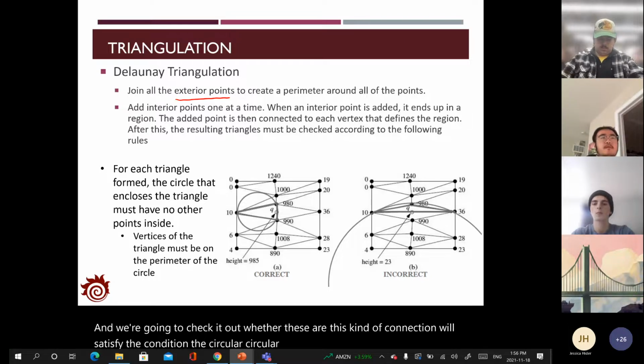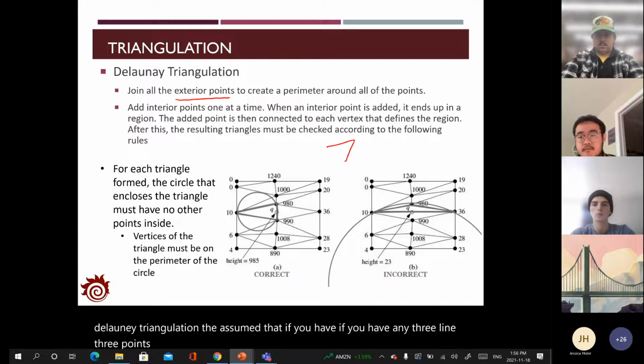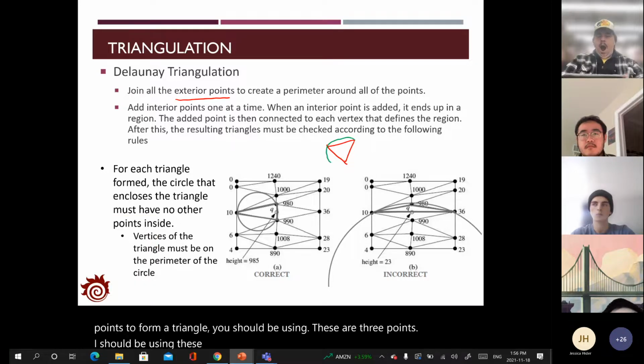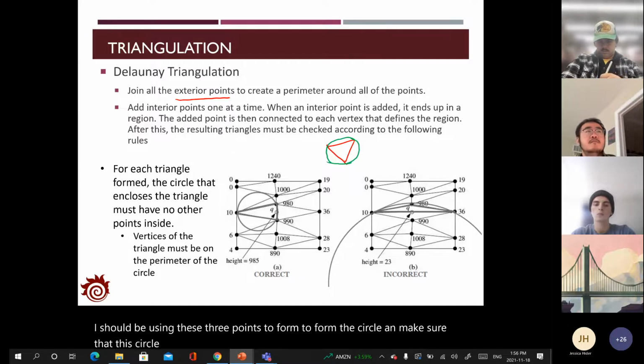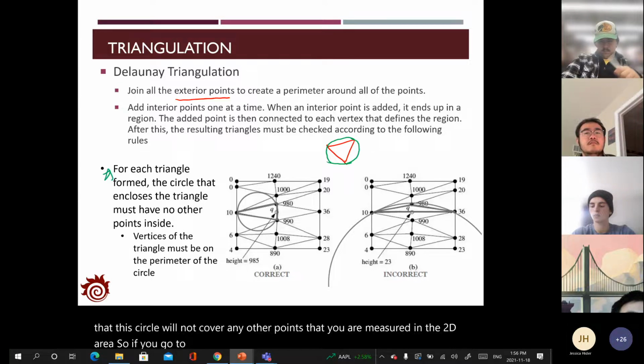For example, in the Delaunay triangulation, they assume that if you have any 3 points forming a triangle, you should use these 3 points to form a circle, and make sure that this circle will not cover any other points that you measured in the 2D area. So this would be the rule you have to apply.